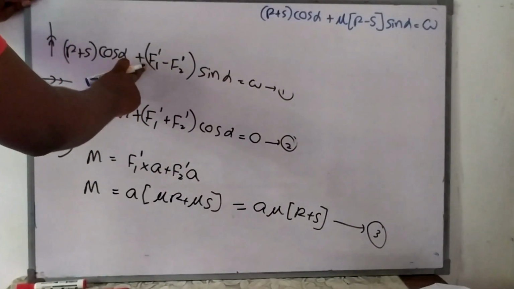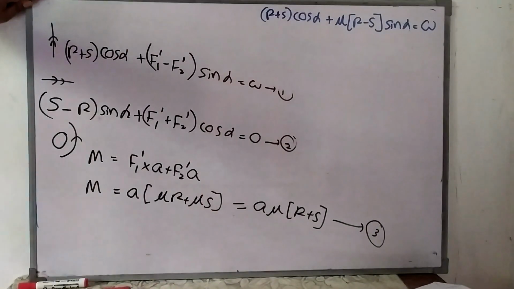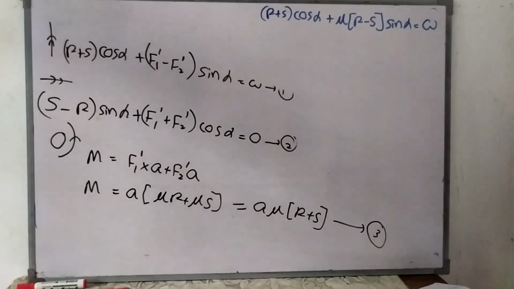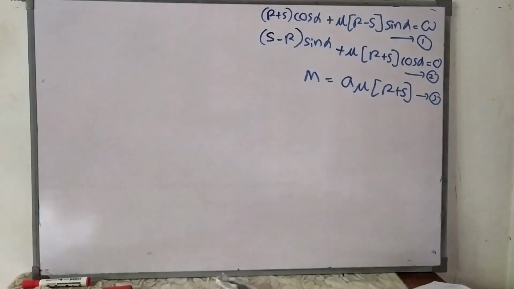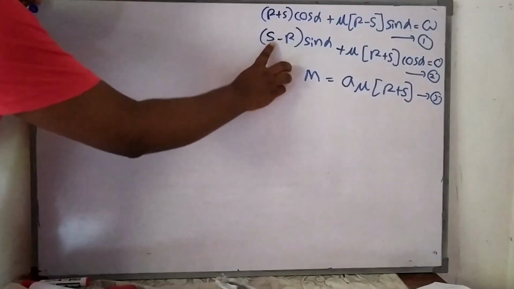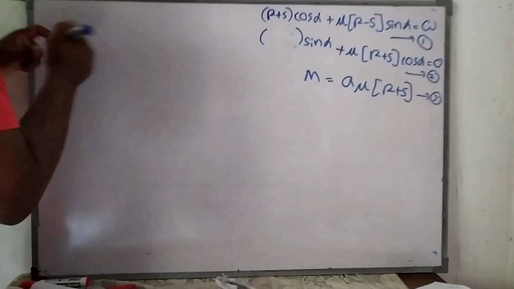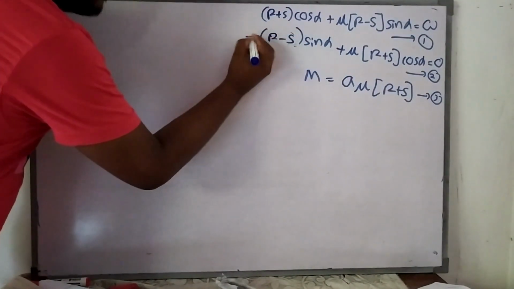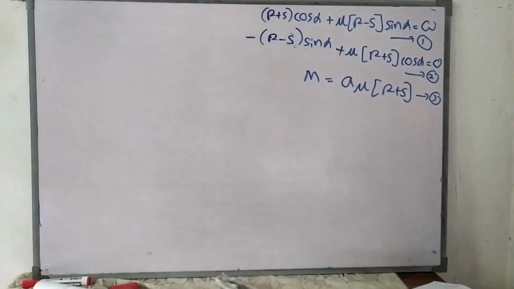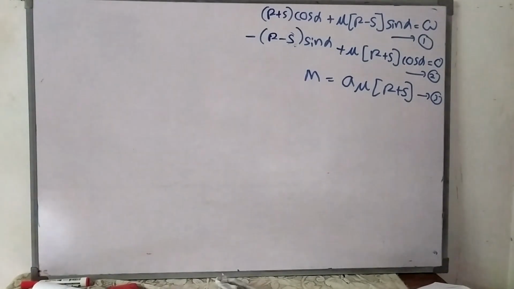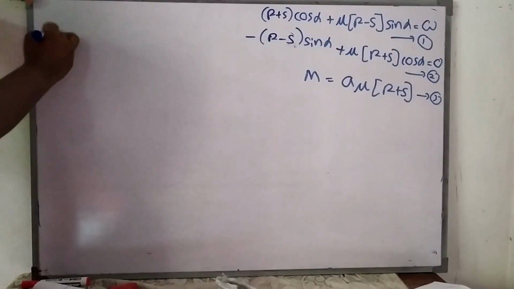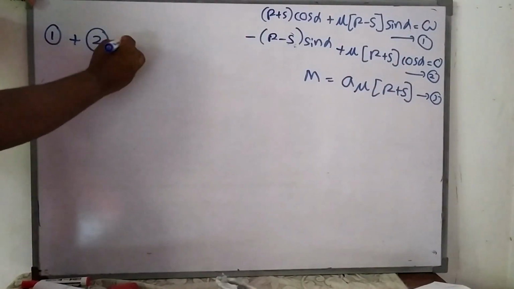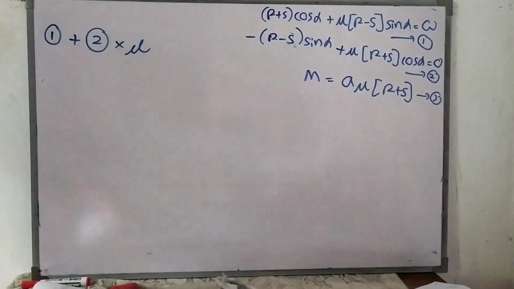So what I did, I substituted F dash with the mu terms, mu R and mu S. So this is my other relation, right? So I constructed all three equations. Actually we can change the sign of S and R. I put minus to the corner, right?